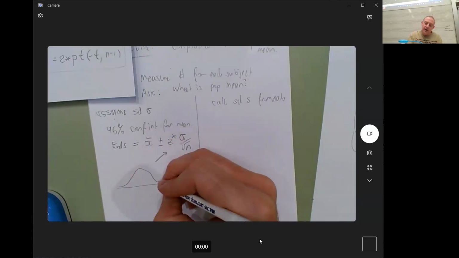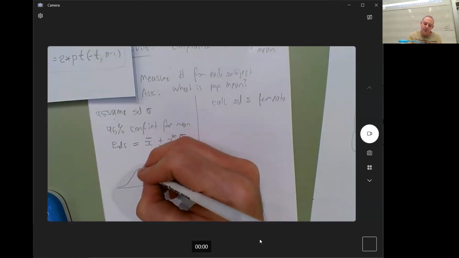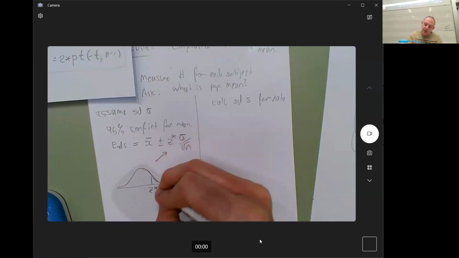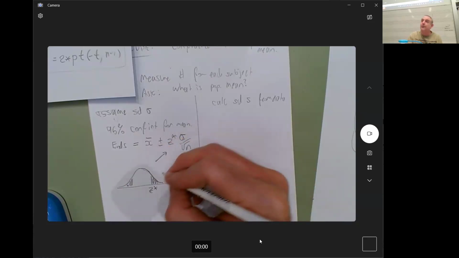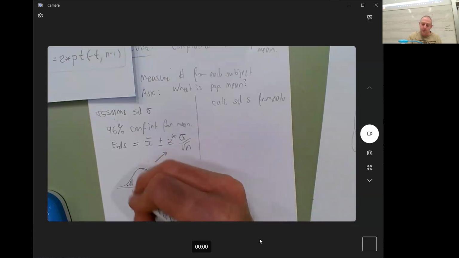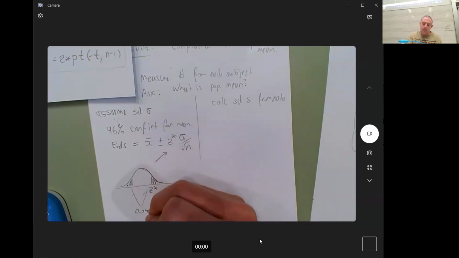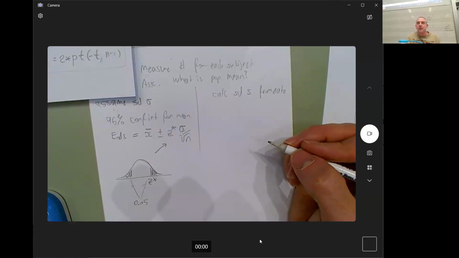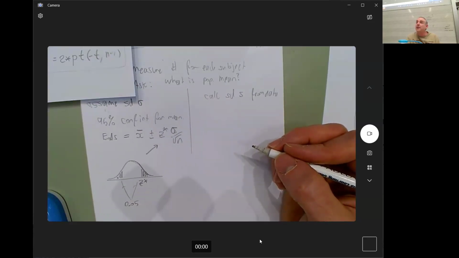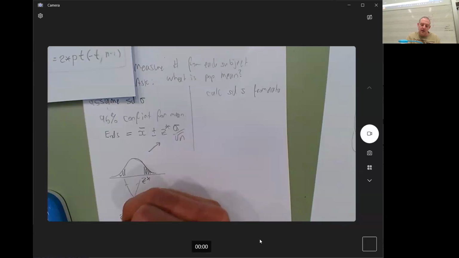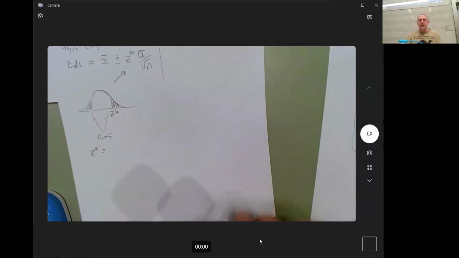And this z here is the z that would have, oh, that's a bad normal distribution. Sorry about that. The z that would have made 0.05. Which means that you have to ask the computer what that is. And so your z star is, so p norm takes a z and gives you a probability.